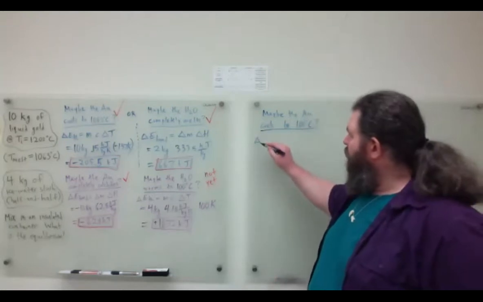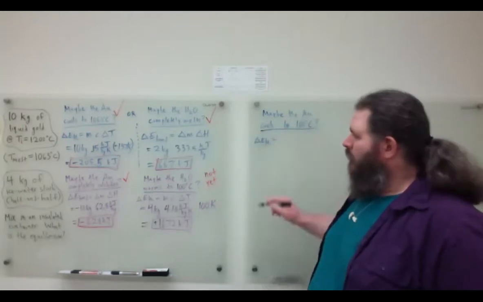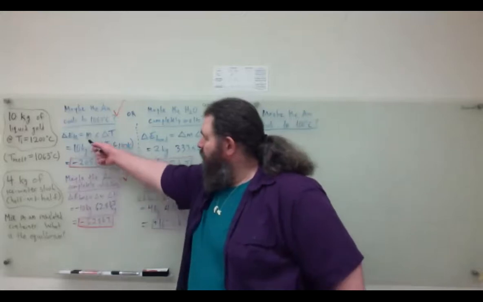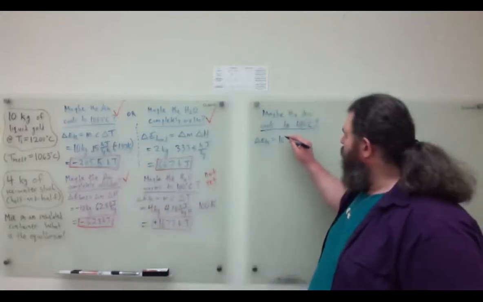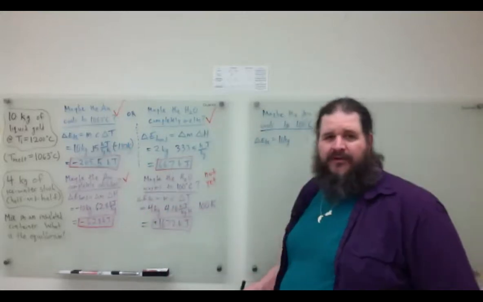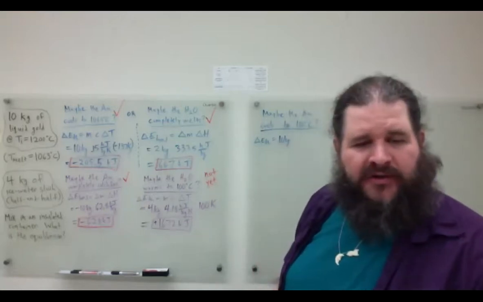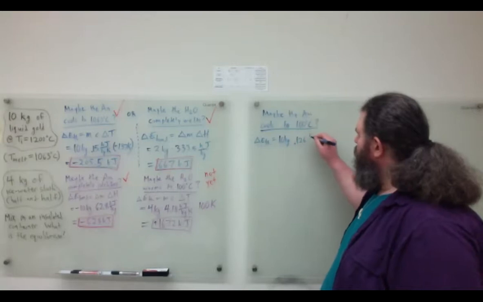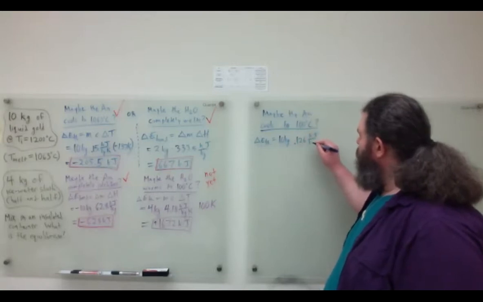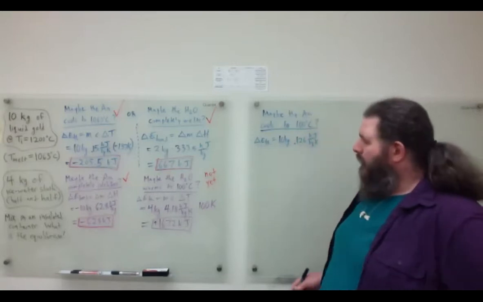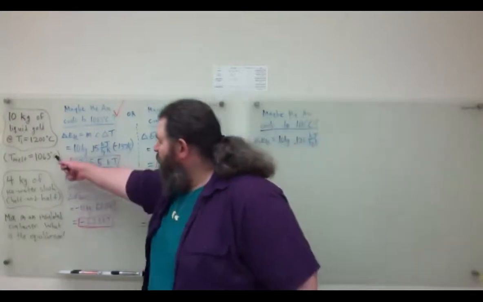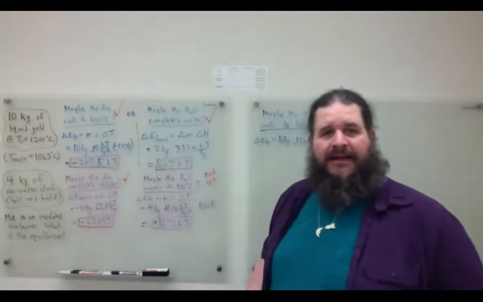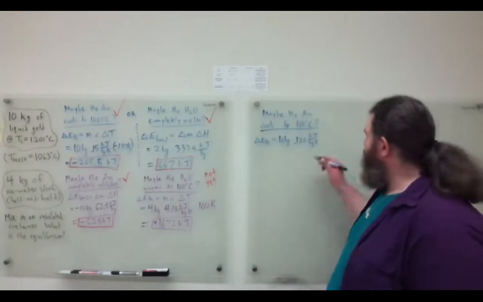That'll be another delta E thermal. So we can just use MC delta T, mass 10 kilograms. And now we're using specific heat for solid gold, which is 0.126 kilojoules per kilogram Kelvin. And delta temperature, if we're going from 1063 down to 100, that'll be negative 963.